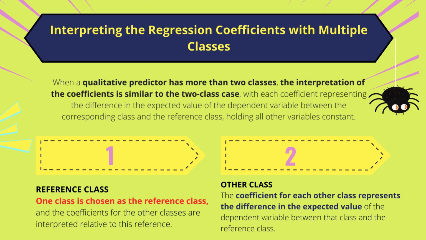Additionally, when a qualitative predictor has more than two classes, the interpretation of the coefficients is similar to the two-class case, with each coefficient representing the difference in the expected value of the dependent variable between the corresponding class and the reference class, holding all other variables constant. One of the classes will be chosen as the reference, while the other classes' coefficients represent the difference in the expected value of the dependent variable between that class and the reference class.